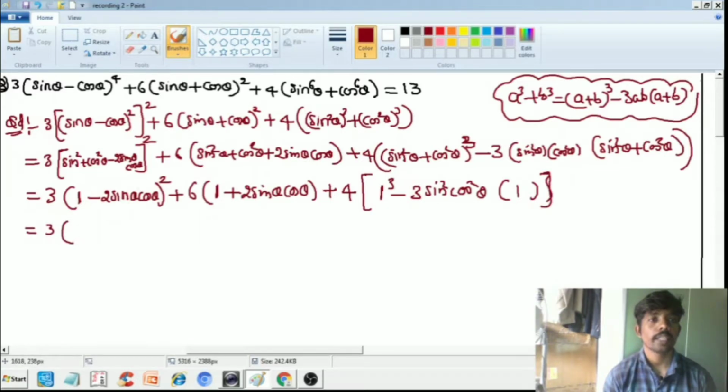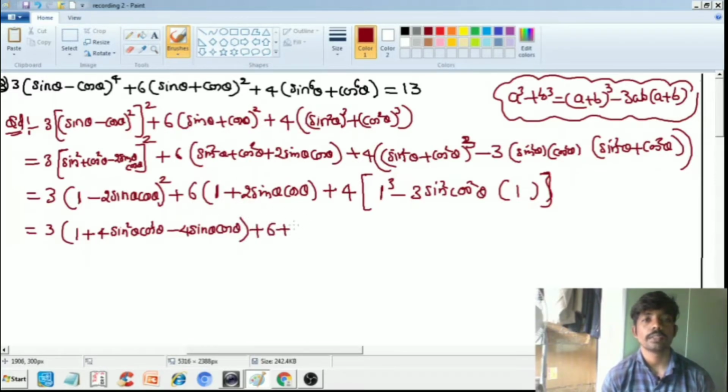3 times of a minus b whole square. Again use the a minus b whole square formula, a square plus b square minus 2ab for sin theta cos theta plus 6, multiply inside, 6 plus 3 2s are 6, 2s are 12 sin theta cos theta plus 4 inside multiply, 4 minus 3 4s are 12 sin square theta cos square theta.